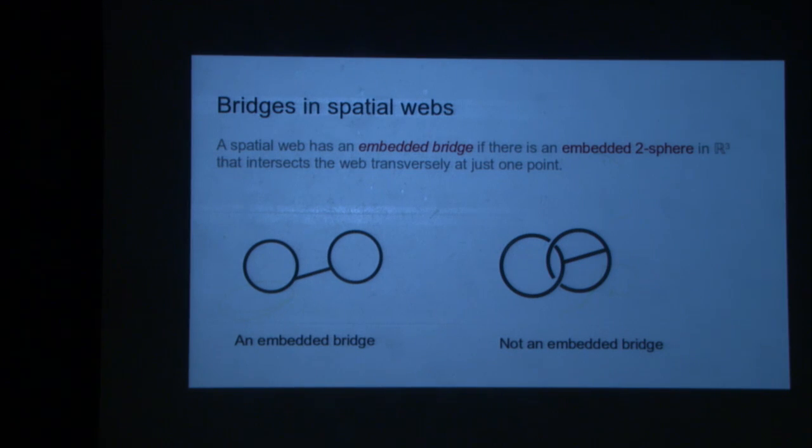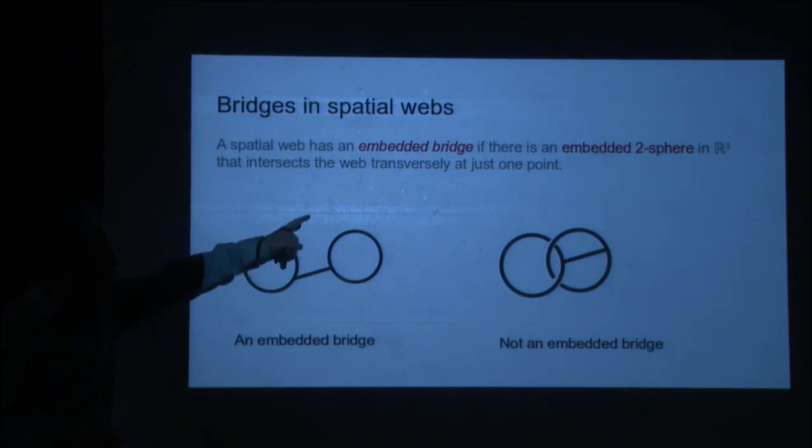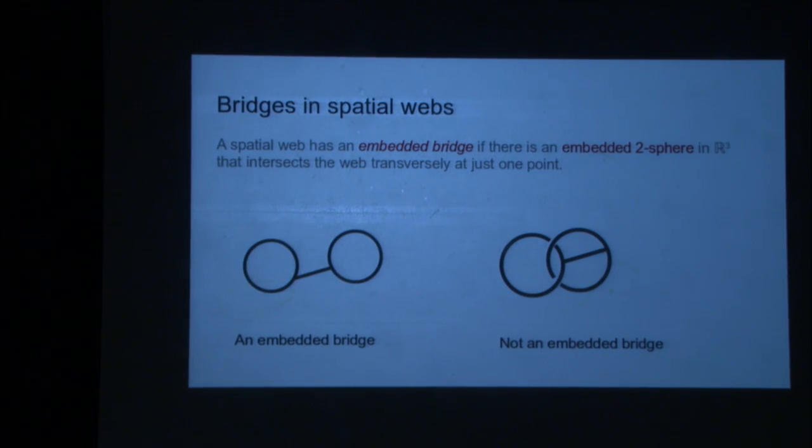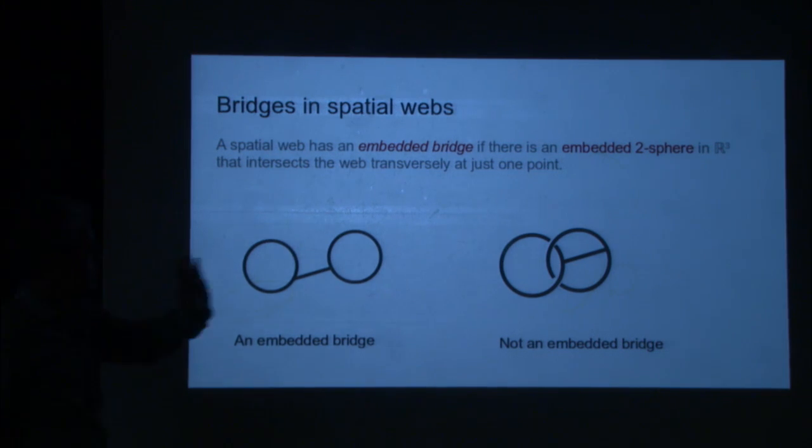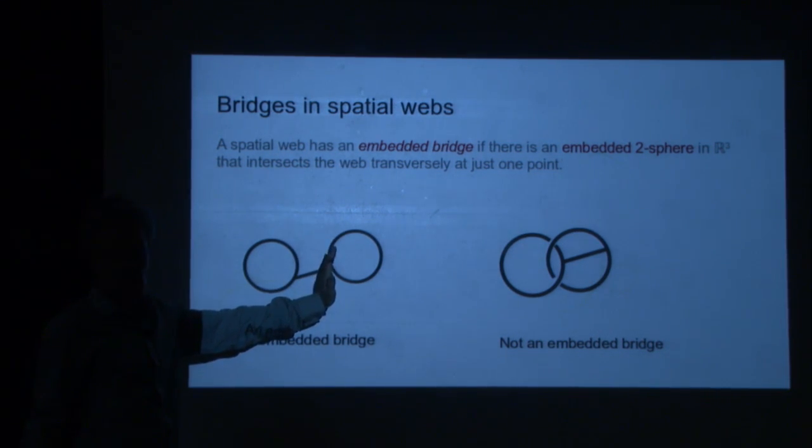When we're looking at bridges, we ought to distinguish ones which are manifest in the embedding in 3 space and those which aren't. The word I'm using for this, for better or worse, is embedded bridge. So the difference between these 2 guys, although the underlying graph is the same topological space embedded in 2 different ways, here the bridge is such that there's an actual 2 sphere in 3 space which transversely intersects this edge and hits it in just 1 point.